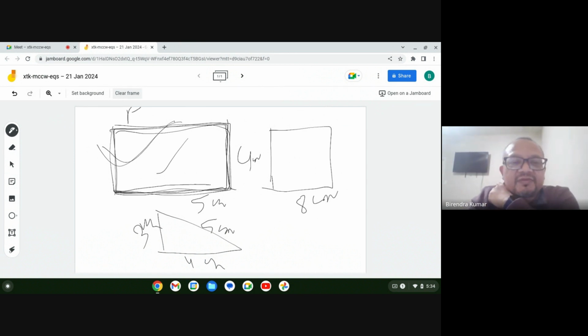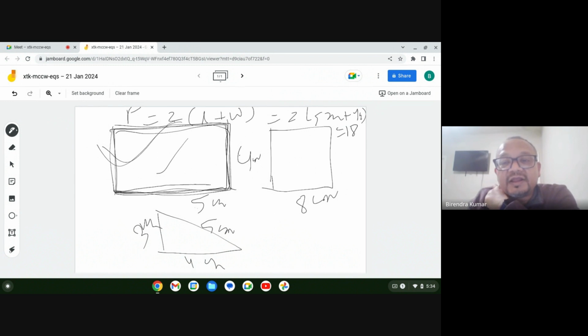You know the perimeter of a rectangle is perimeter equals 2 times length plus width. So length plus width is 5 plus 4, 9. It will be 2 times 5 centimeter plus 4 centimeter. It will be 18.